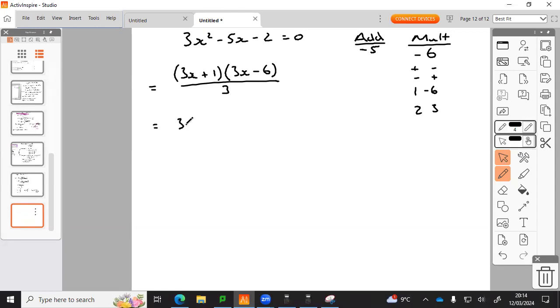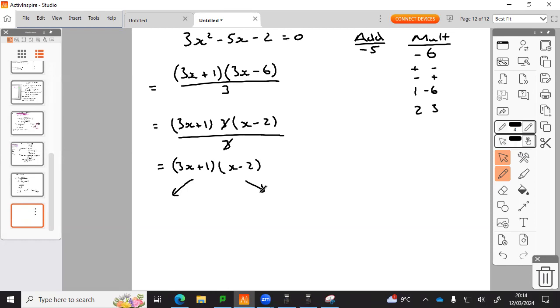So 3x plus 1 and x minus 2, x equals 2. So same answer.